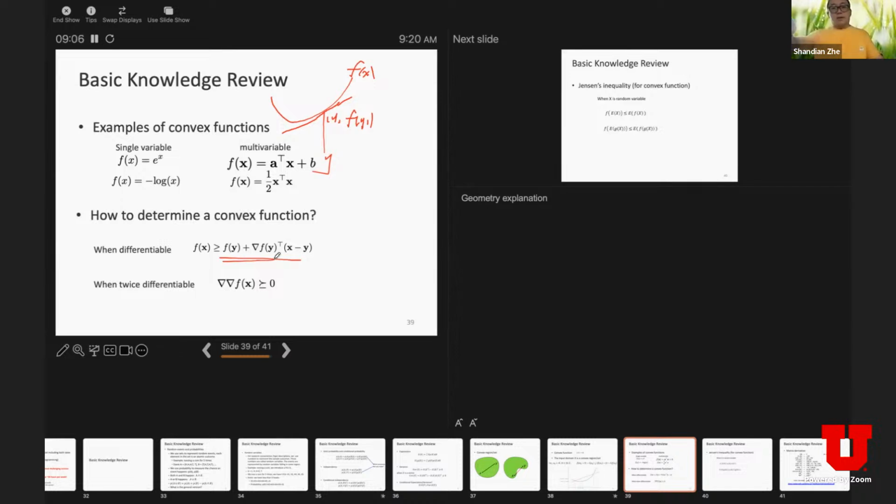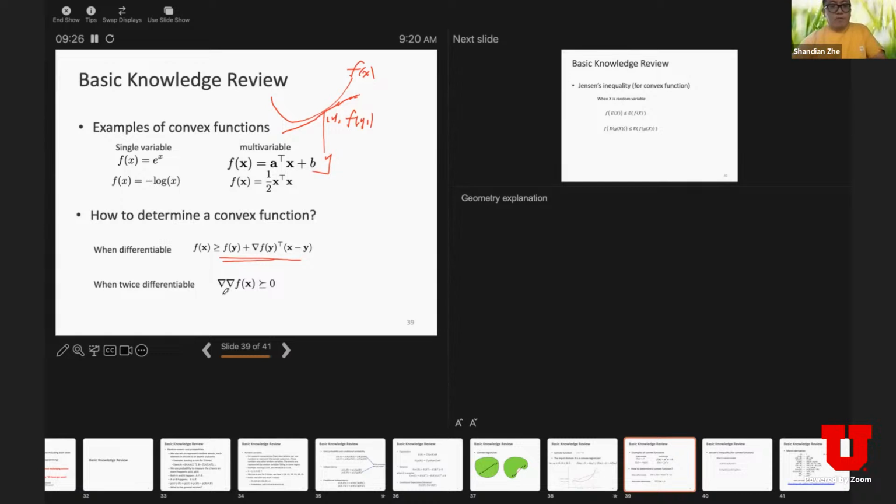But as long as the line is below the entire function body, you can view it as a generalized tangent line, and you can use their slope as some subgradient. We're going to talk about the details later, but here let me just give you some kind of impression.